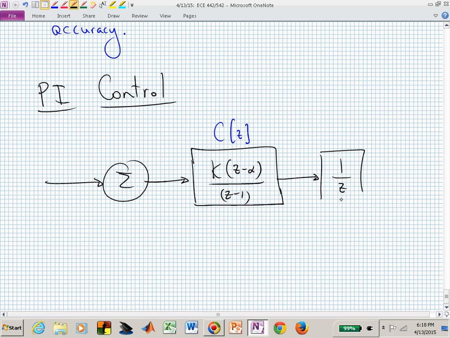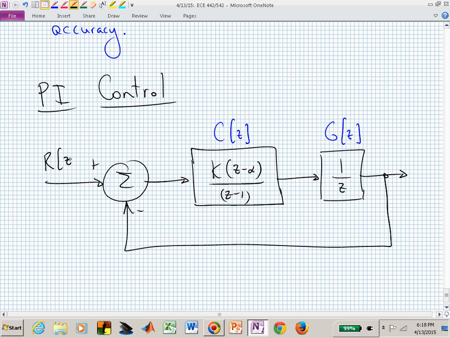We're not changing our plant, that's still the 1 over Z, which is just a delay. And we are going to retain the unity negative output feedback.